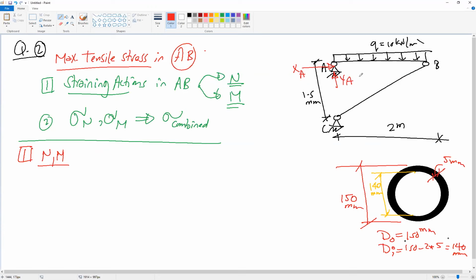And we have a link member. If we cut in this member, we will have force FBC.